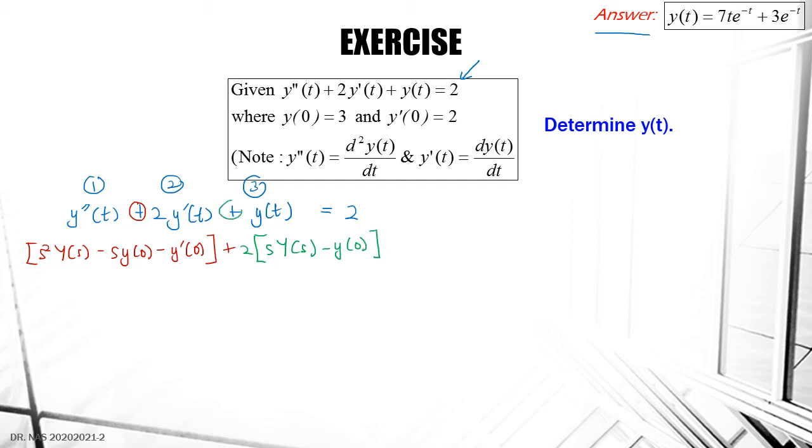Then plus the third component. There is no prime, so there is no s, so it is only Ys equal to 2. And don't forget 2 is in time domain. When converting 2 into s domain, it will be 2 ut, which is equal to 2 over s.